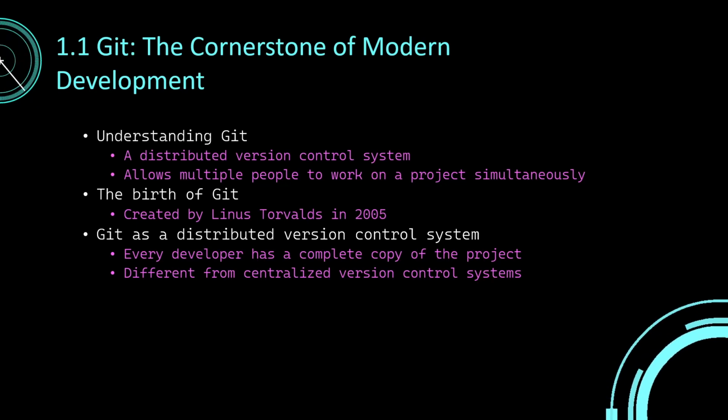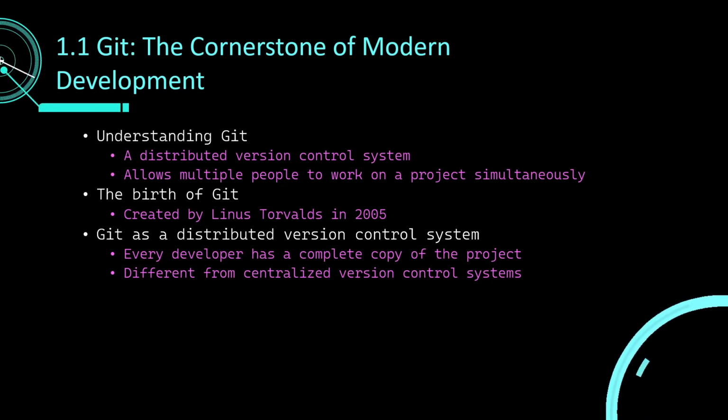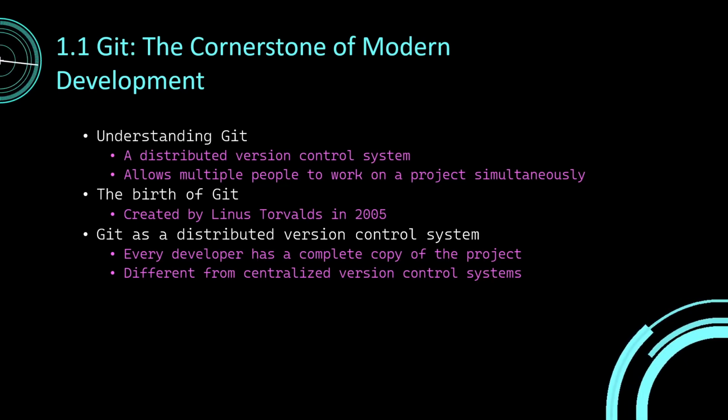But in summary, think of Git as a sort of ever-watchful collaborator that enables a team of developers to work on a project concurrently, providing each of us with our own full copy of the project. It's distributed in nature, which breaks from the conventional model of centralized version control, and it's basically one of Git's most powerful features, and we'll be delving deeper into its many benefits as we go through this course.